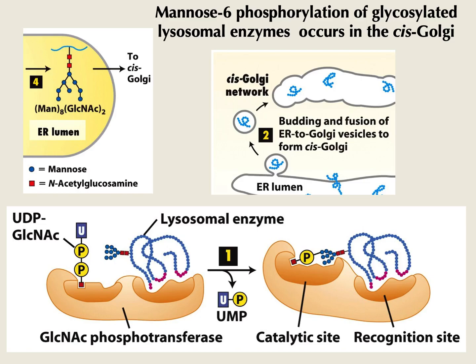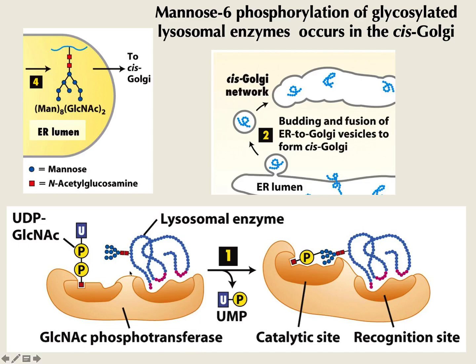So first off, like all proteins that need to be addressed to some specific place in the cell, they have a signal, right? So they carry sequences or a structure in them that's telling the cell this is a lysosomal enzyme or lysosomal protein, okay? So this N-acetylglucosamine phosphotransferase can now recognize that.